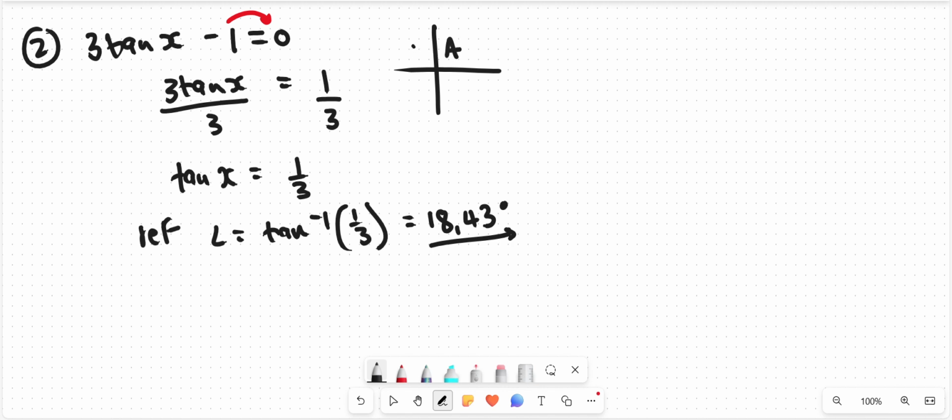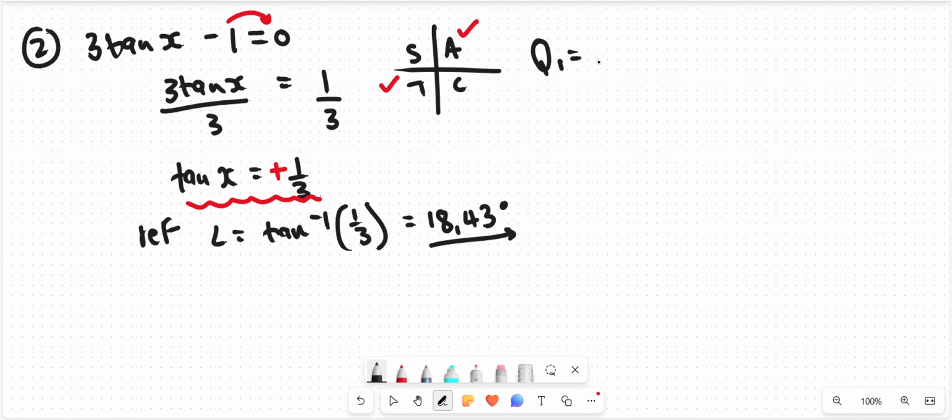Then what else do I need to look at? I need to look at my CAST diagram and find out where tan is positive. So where is tan positive? Tan is positive in quadrant number 1 and quadrant number 3. So in each of those, I'll have solutions. So let me go in quad number 1.